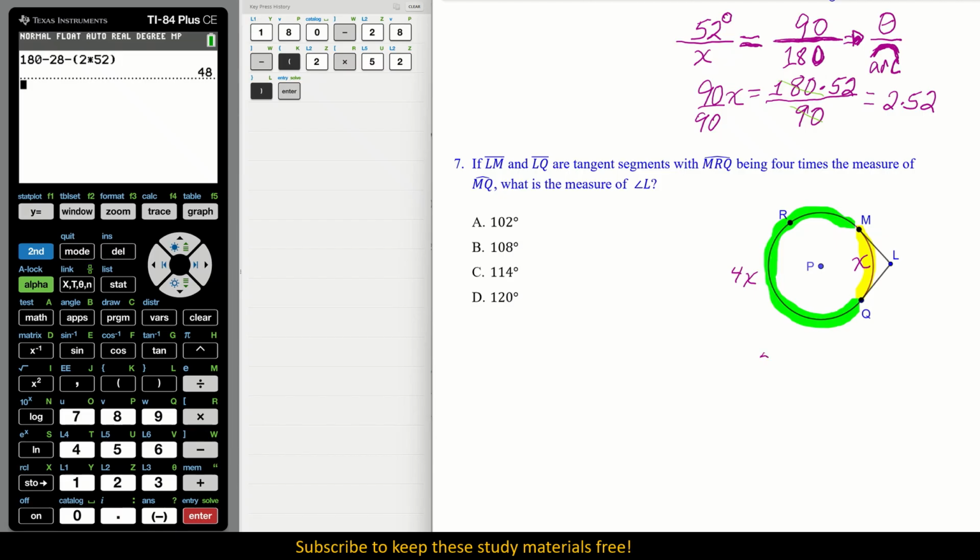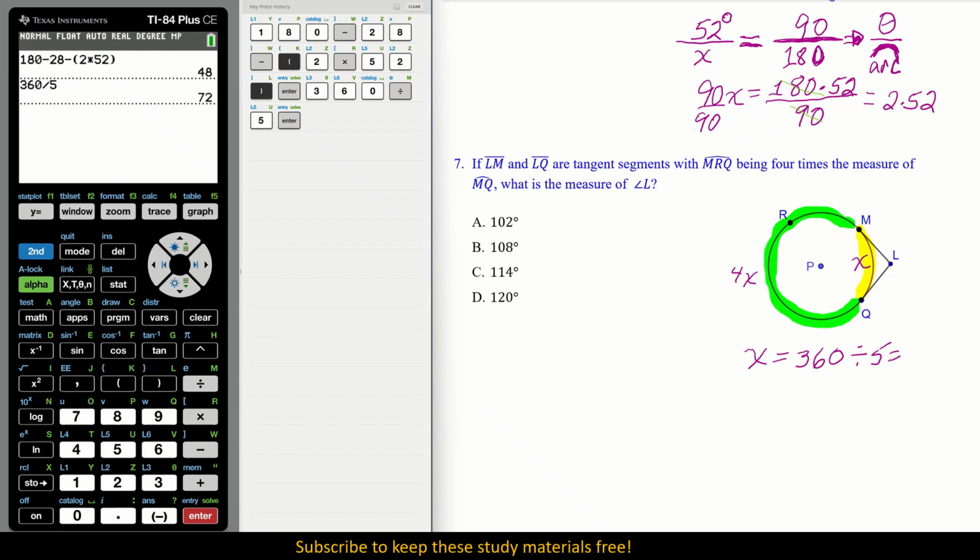So we need to divide 360 by 5. Let's just write that out and put that in the calculator. So we know that X is going to equal 360 divided by 5. Let's see what that gets us.